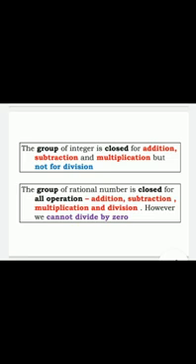And the last point that you have to remember is the group of rational numbers is closed for all operations, that is addition, subtraction, multiplication and division. However, we cannot divide by 0.